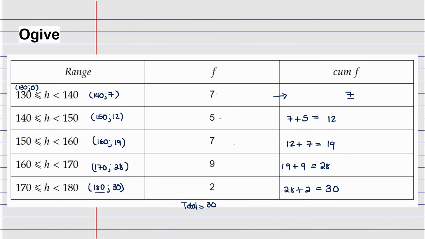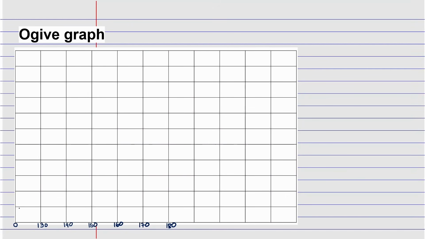So we need an interval. If we say 30 divided by 2, we're going to need 15 parts, right? So let's check whether we have 15. It's going to be 1, 2, 3, 4, 5, 6, 7, 8, 9, 10, 11. So we don't have 15. So let's divide by 3 now. We need 10 parts.